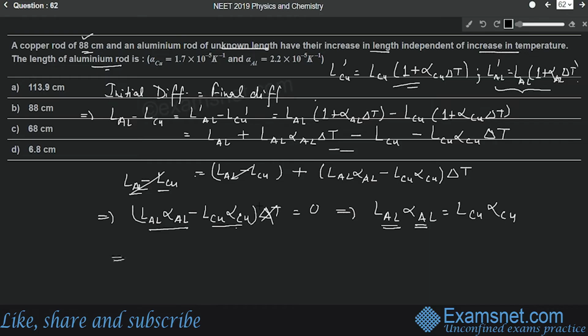Now we can put the values to find out the length of aluminium. Okay. So length of aluminium will be what? Length of copper times alpha of copper divided by alpha of aluminium. So all these three quantities are already mentioned here. Length of copper is given as 88 centimeter.